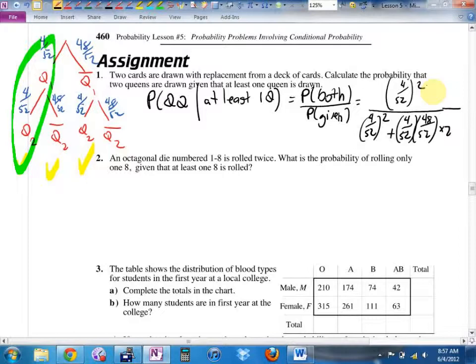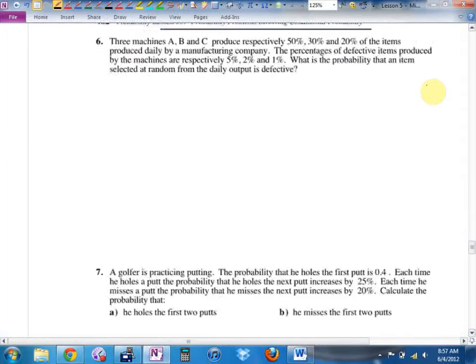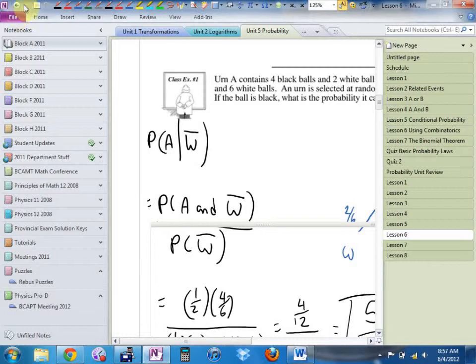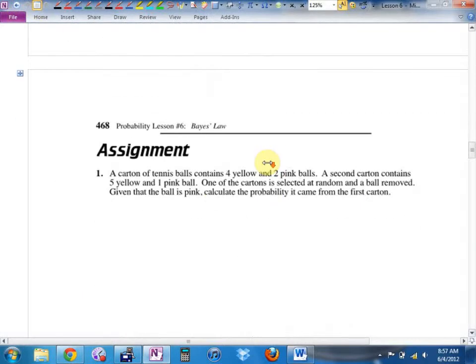And that'll work. Is that okay? Any others from this lesson? Okay, could you turn to the next lesson, which was page 468.